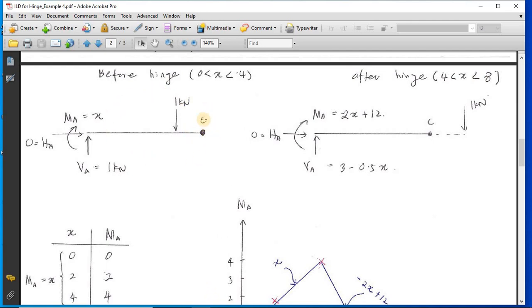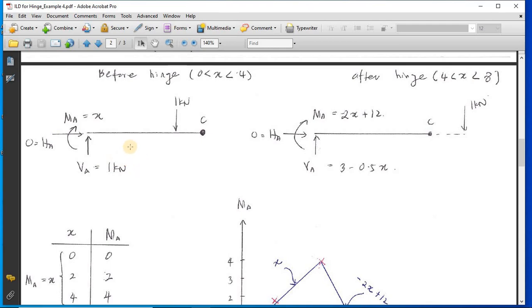This is the diagram that we need to consider, the diagram before point C. What is the difference between both of these diagrams? The first is the range 0 to 4, another one is the range of 4 to 8. The difference between both of these diagrams is in the reaction value.